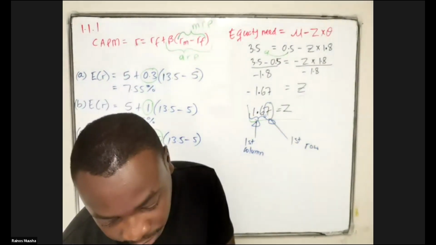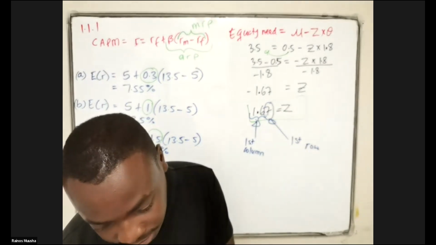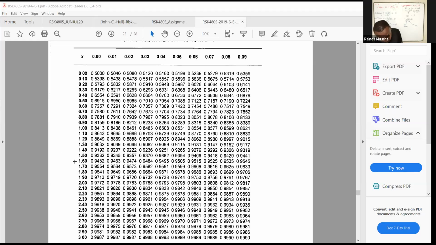So here you have 1.6, and you have 0.07 there.